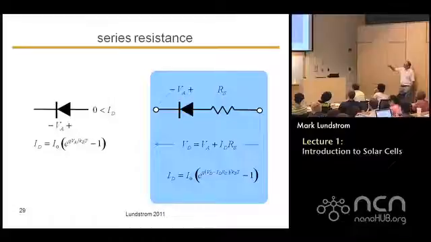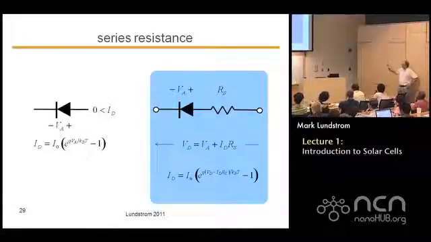I've described this ideal diode, but when you put metal contacts on P and N-type silicon, you're going to introduce some contact resistance. So any real device that you measure in the lab will have a series resistance, and you'll only be able to apply your voltage to those 2 white terminals there.